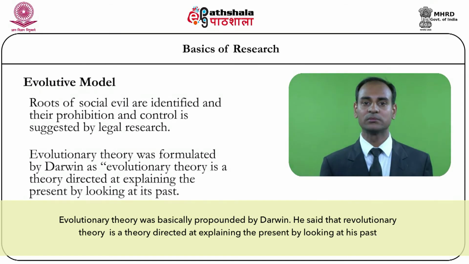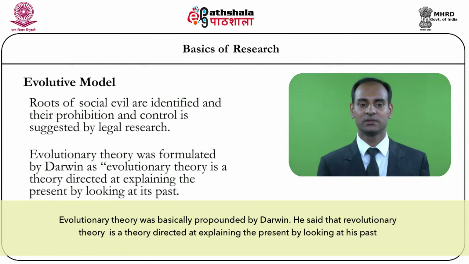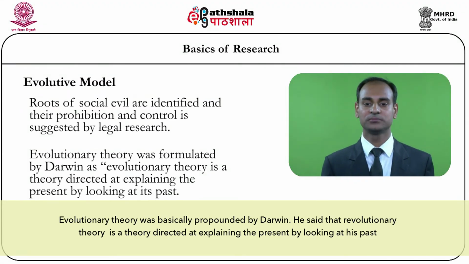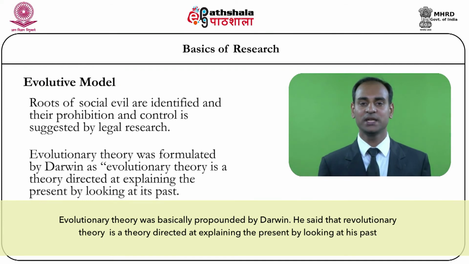Evolutionary theory was basically propounded by Darwin. He said that evolutionary theory is a theory directed at explaining the present by looking at its past.